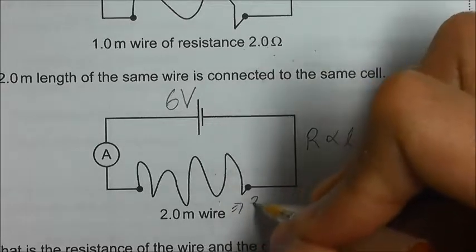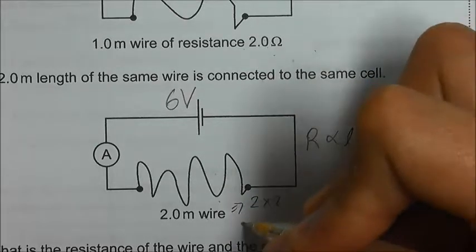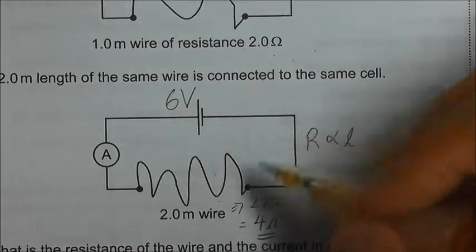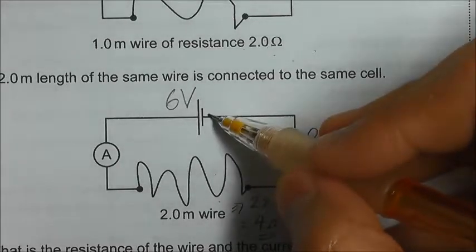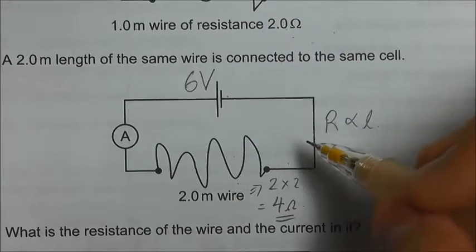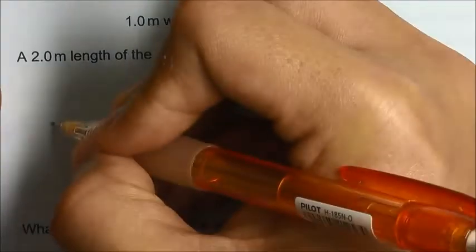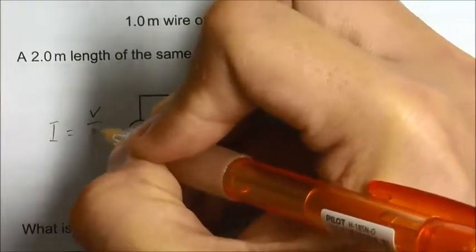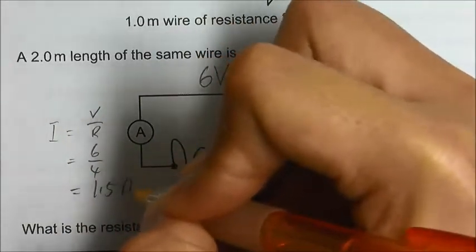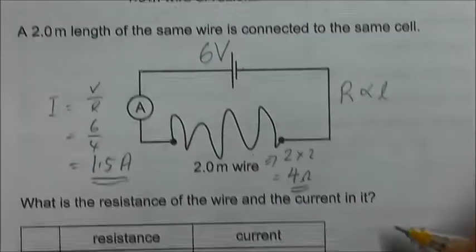So the resistance will be 2 times 2 is equal to 4 ohms. And given the voltage and the resistance in this series circuit, we can find out what is the current. Current is equal to V over R. That will be 6 divided by 4. We get 1.5 ampere.